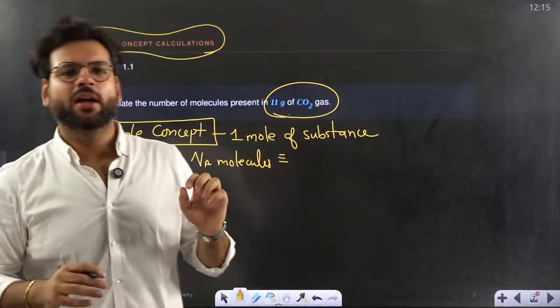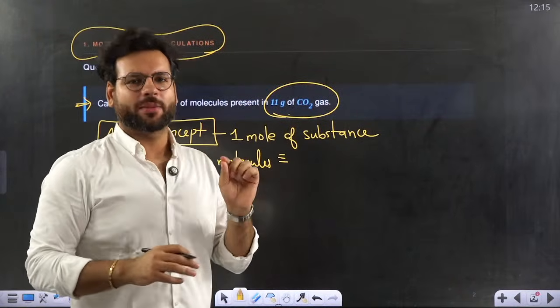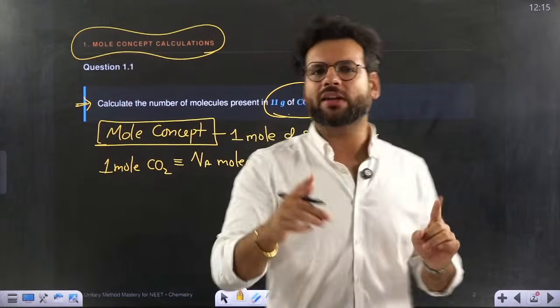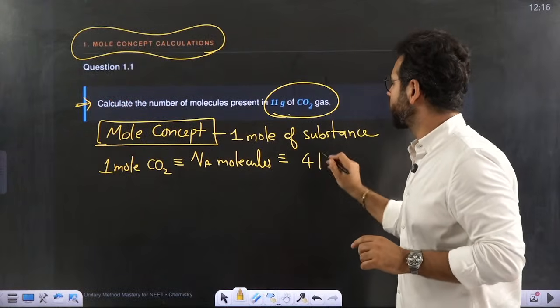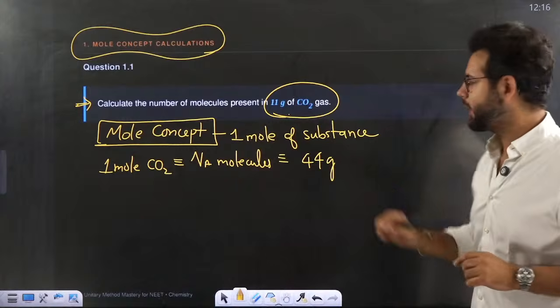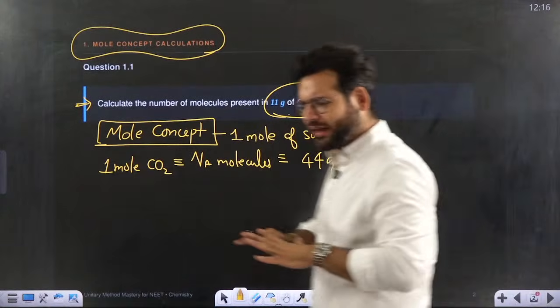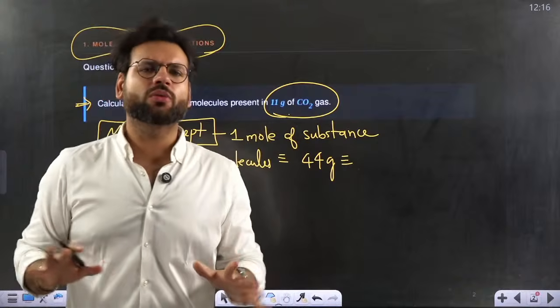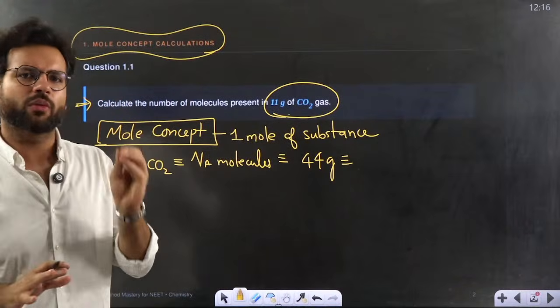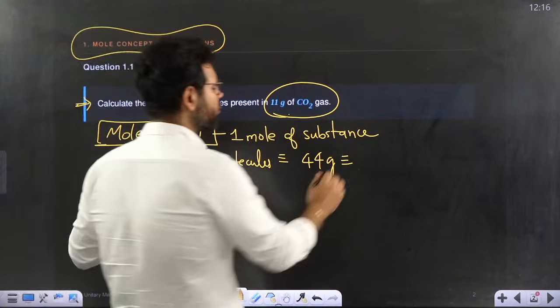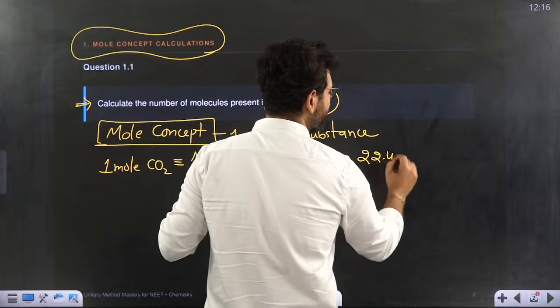Hi Shalini. 1 mole of any substance will always weigh its molar mass, and we know molar mass of CO2 will be 44 gram. Right? We can write 100 more things about CO2. We will concise it to whatever the question is asking. We can also say 1 mole of any gas occupy 22.4 liter at STP.